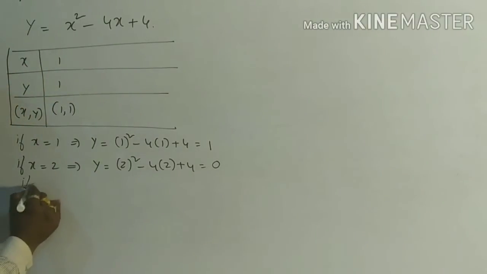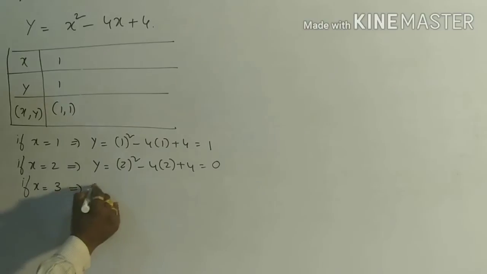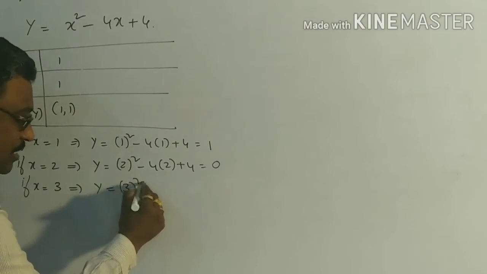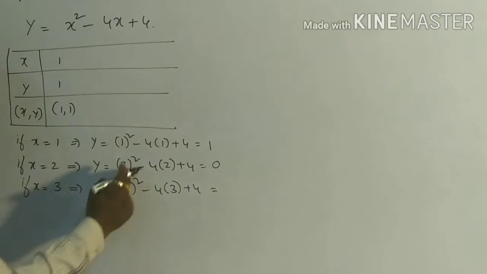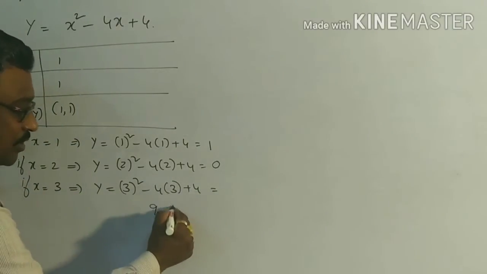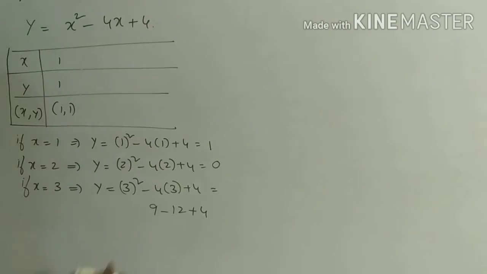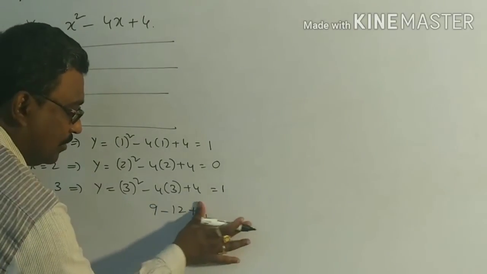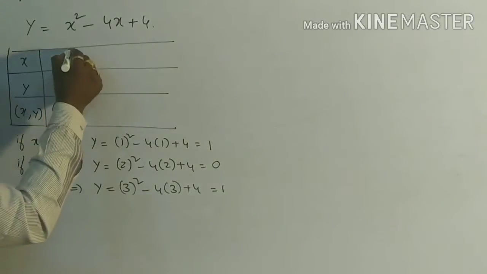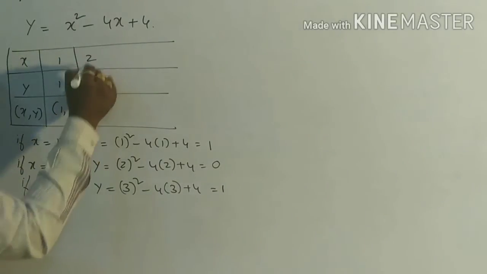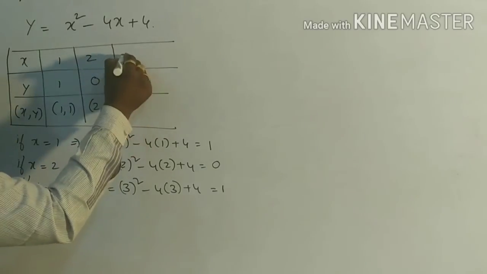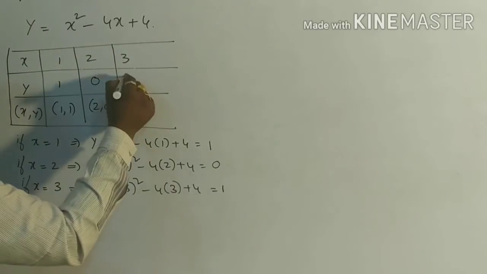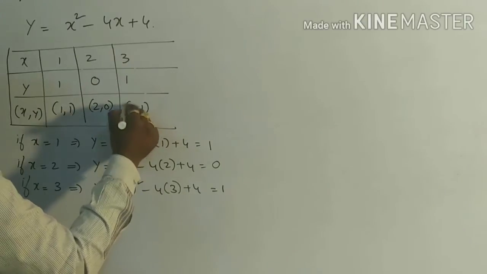Next, if x is equal to 3, y is equal to 3 square minus 4 into 3 plus 4. 3 square is 9, 4 threes are 12, 9 plus 4 is 13, 13 minus 12 is 1. Okay? If x is equal to 2, y is equal to 0, 2 comma 0. If x is equal to 3, y is equal to 1, 3 comma 1.